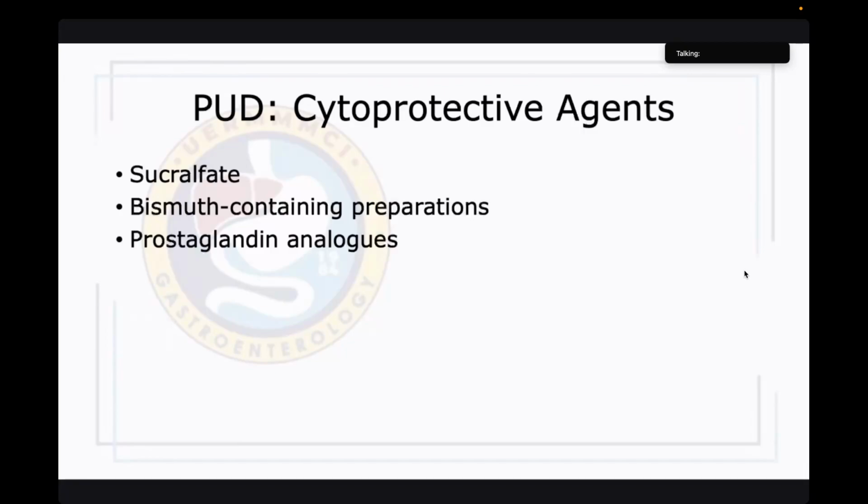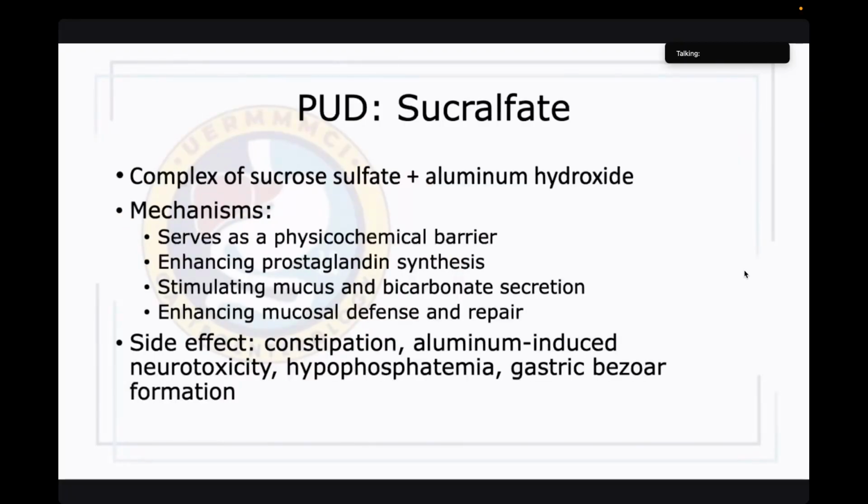Cytoprotective drugs are not acid-suppressing drugs. Instead, they form a physical protective barrier over the ulcer. Some examples are sucralfate, bismuth-containing preparations, and prostaglandin analogs. Sucralfate is a complex of sucrose sulfate and aluminum hydroxide.